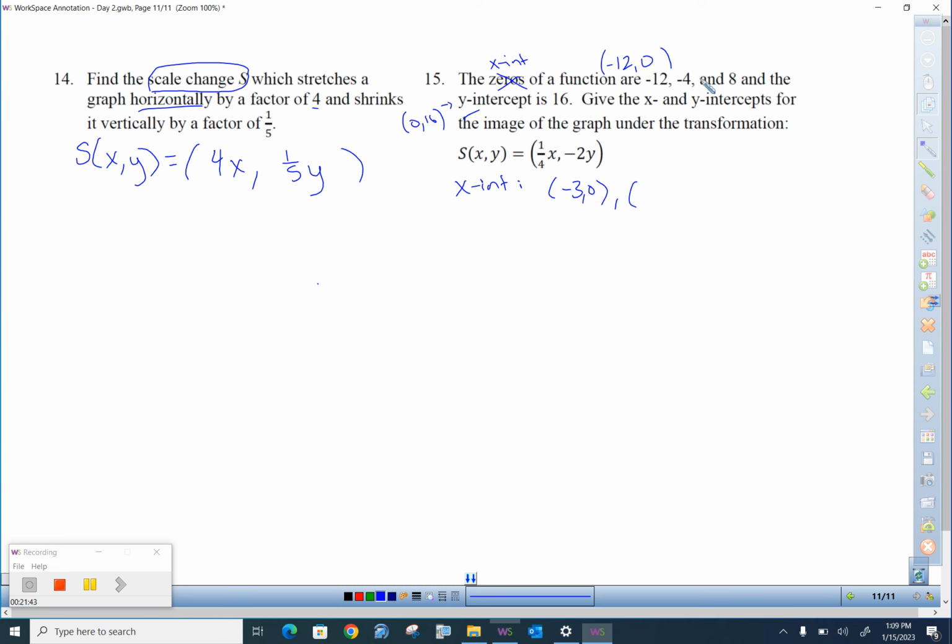Next one started out (-4, 0), but times 1/4, (-1, 0). And then 8 times 1/4 is 2. The y-intercept goes the same way. This 16 is the only part that matters, so we're taking that times -2, turning 0, 16 into (0, -32).